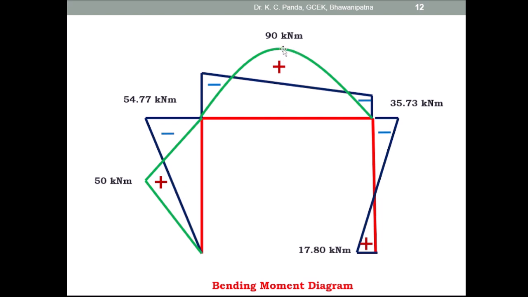Then you can find out the maximum positive moment here and the positive moment here. As you know, in the slope deflection method, by taking similar triangles here, you have to find out the ordinate here, then find out this ordinate, then from the total ordinate you deduct this ordinate, and you can find out the positive moment here.